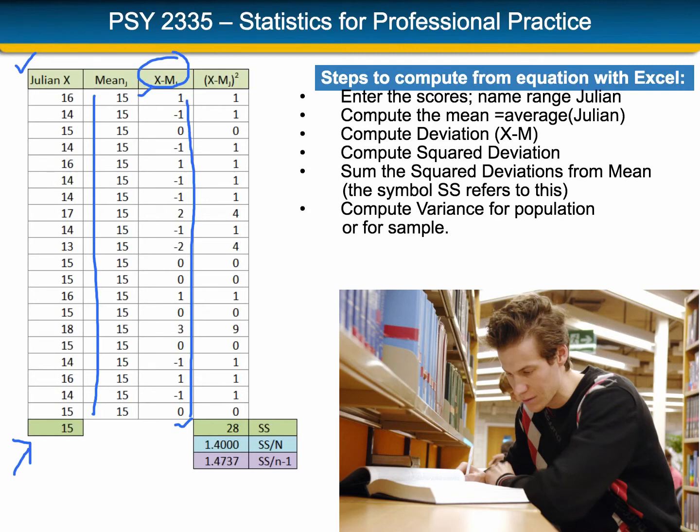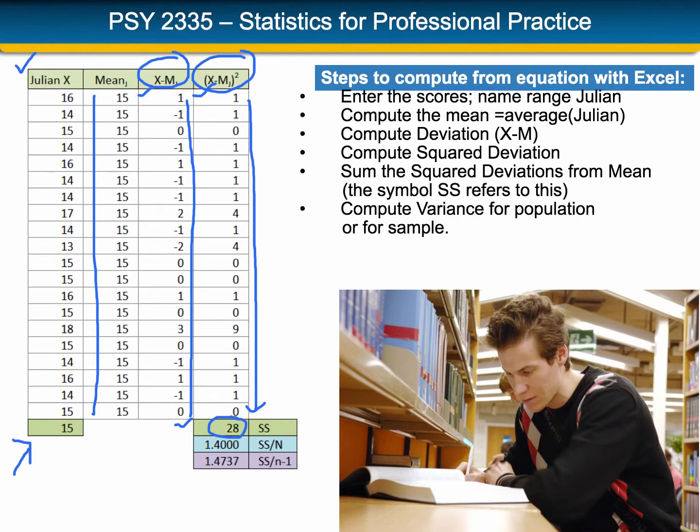The next thing I did was to create a column for squaring, and I again put the equation in the first cell and then copied all the way down so that the equation was copied for every single cell. Finally, I used Excel's sum function to create that sum of squared deviations from the mean.